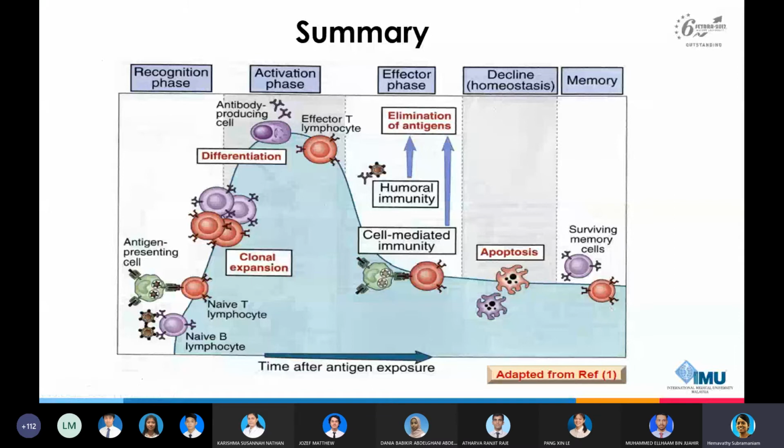So in total, these are the different phases to eradicate your antigen by the adaptive arm of the immune response, mainly by B and T cells. So that is the general summary for adaptive immunity.